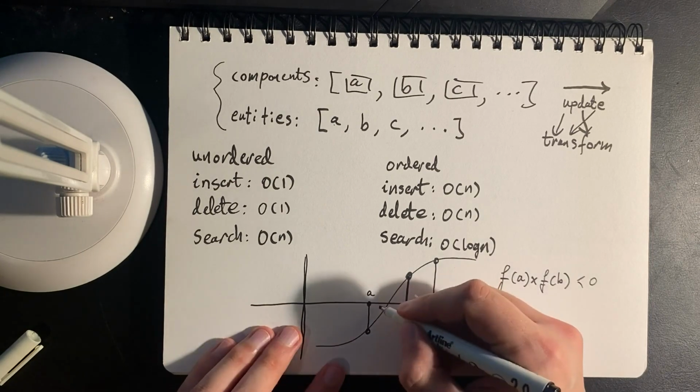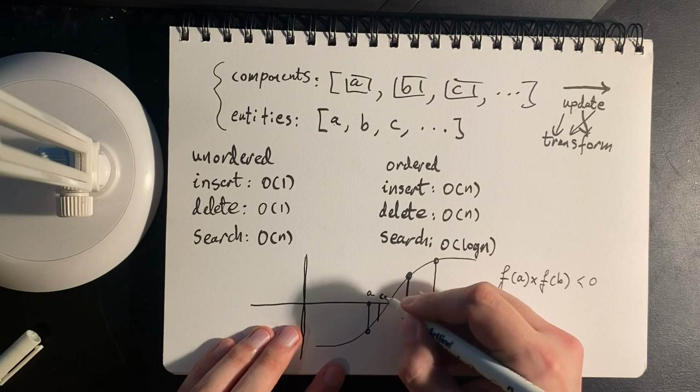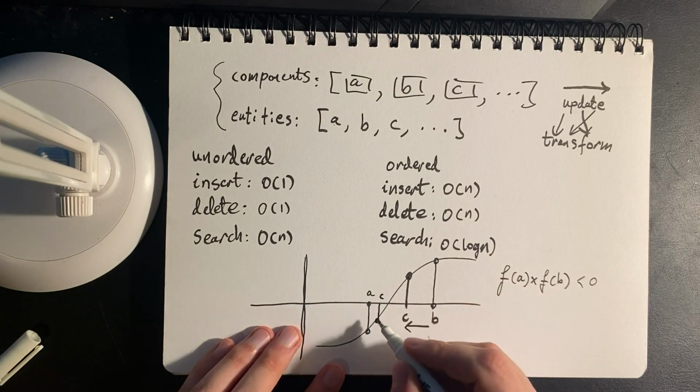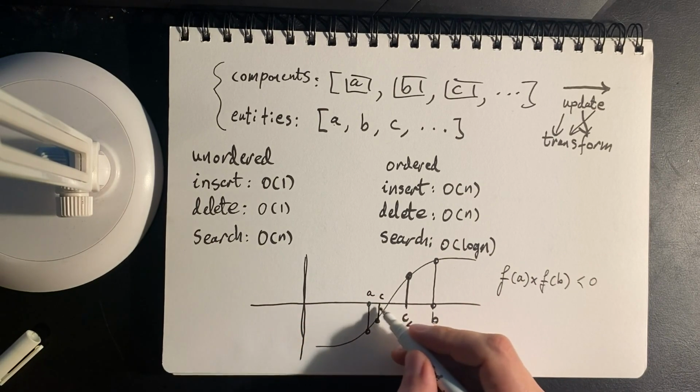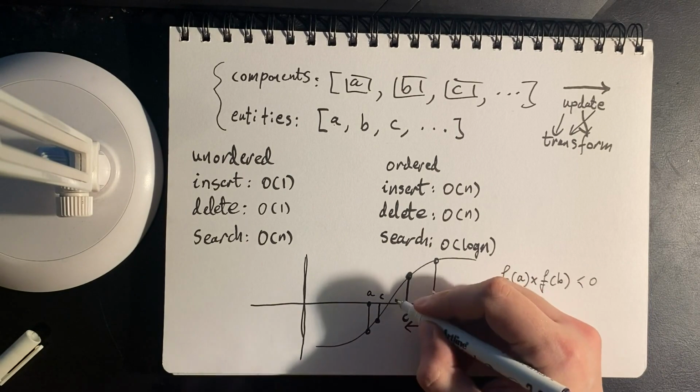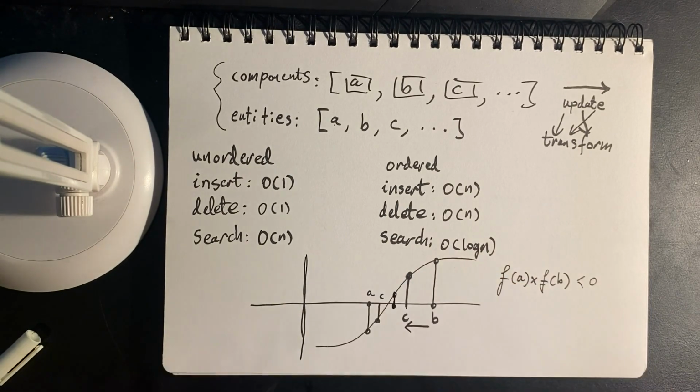Okay, now I'm going to be a little dodgy here. This isn't quite halfway, but I just want to show the A case. So then I go halfway between, pretend halfway, and then I say, okay, is the product of these values less than 0? No, it's not, because we have a negative times a negative, so that's positive, and so the solution is somewhere here. And you keep going and going and going.